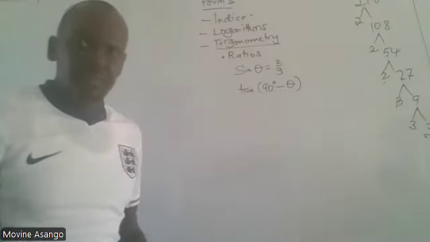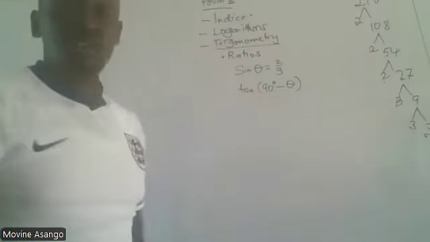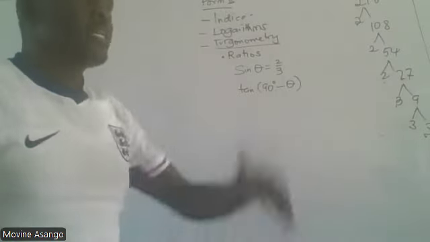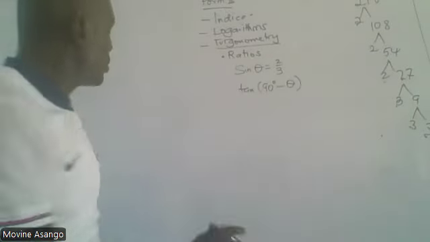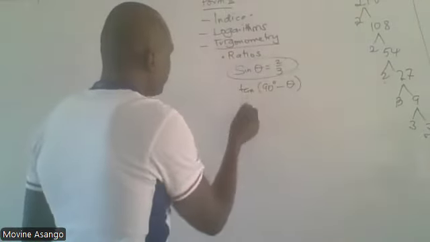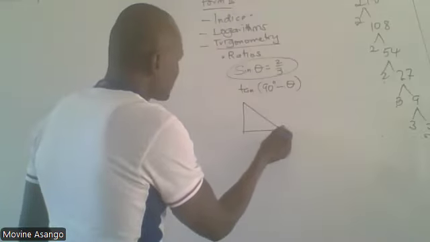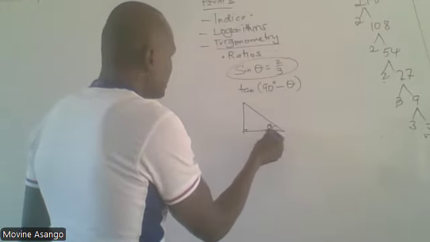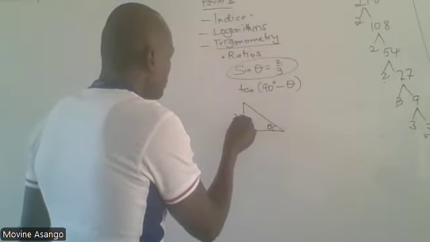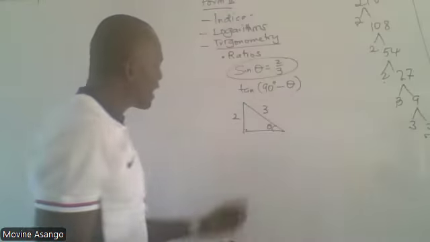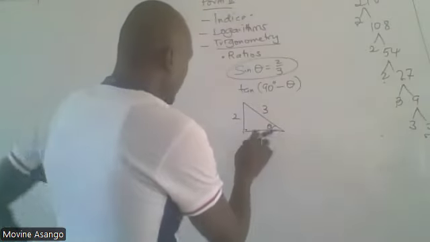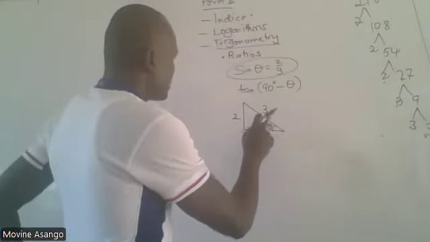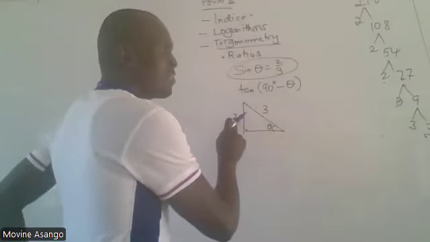You see, basics from SOHCAHTOA, that sine of an angle is opposite over hypotenuse. So it means from this knowledge, if you let this one be our theta, then sine theta is opposite over hypotenuse. By applying Pythagoras theorem, you can get the base. That is 9 minus 4, giving you 5.